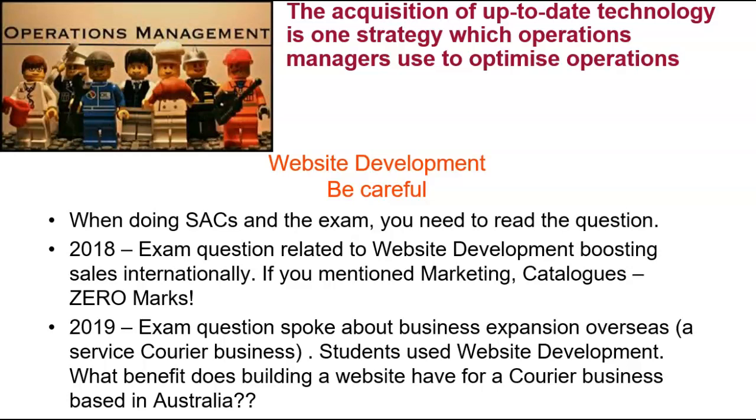But when the examiners looked at the paper, what benefit does building a website have overseas for a courier business based in Australia? There's no link between the actual type of business and the development of a website into an overseas market. Because it's a service business with vehicles on the ground in Australia, you needed to look at a different solution to expand your business overseas.